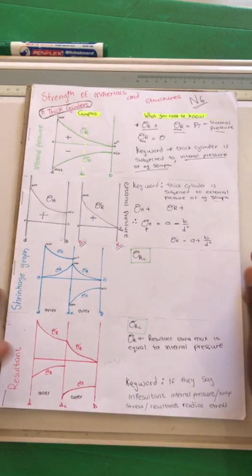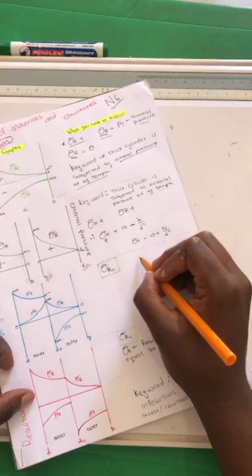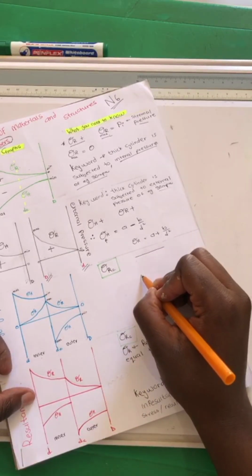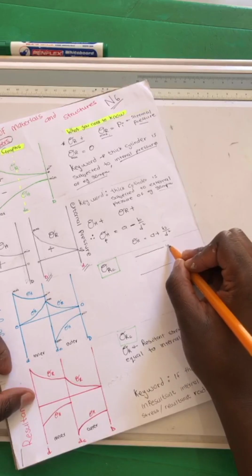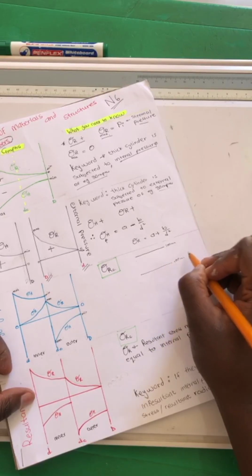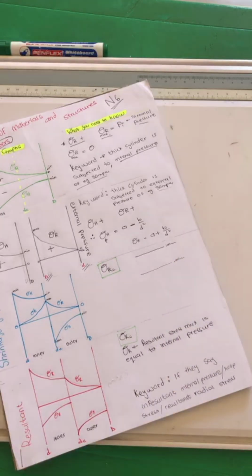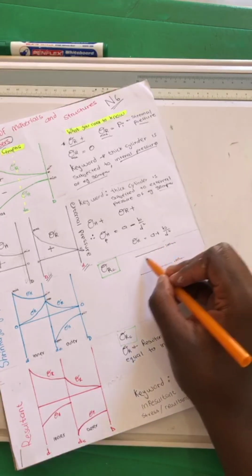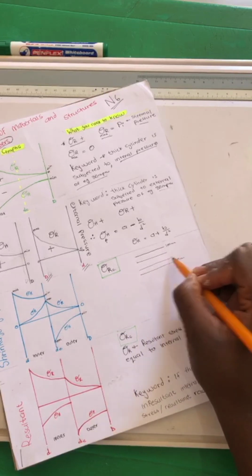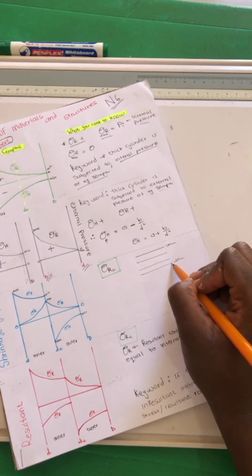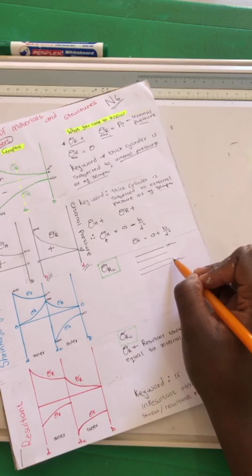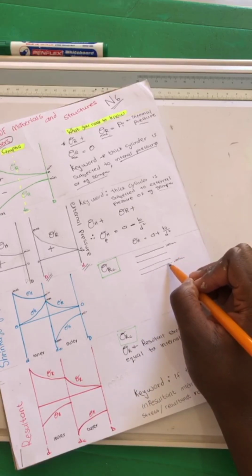So if they're gonna give you, let me show you an example. If there's a cylinder that is, let's say, 100 millimeters, you see. So from here to here, it's 100 millimeters, right? And then it has its inner diameter. This is the outer diameter, the outside. Then this is the inner diameter, the inside of the same cylinder, right?